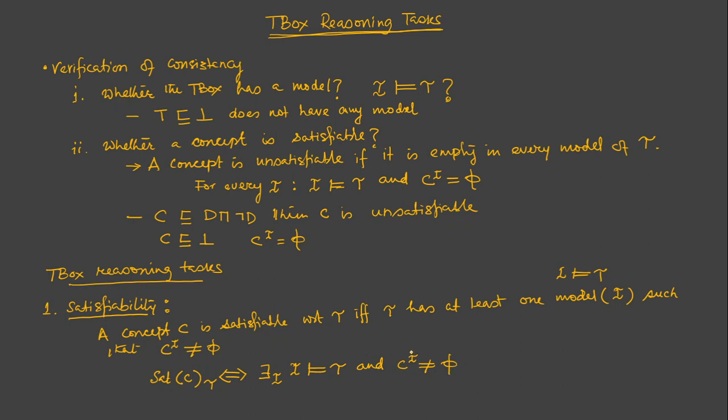So in that case we say that C is satisfiable with respect to the T box T, right? Now the second task that we are interested in is subsumption.